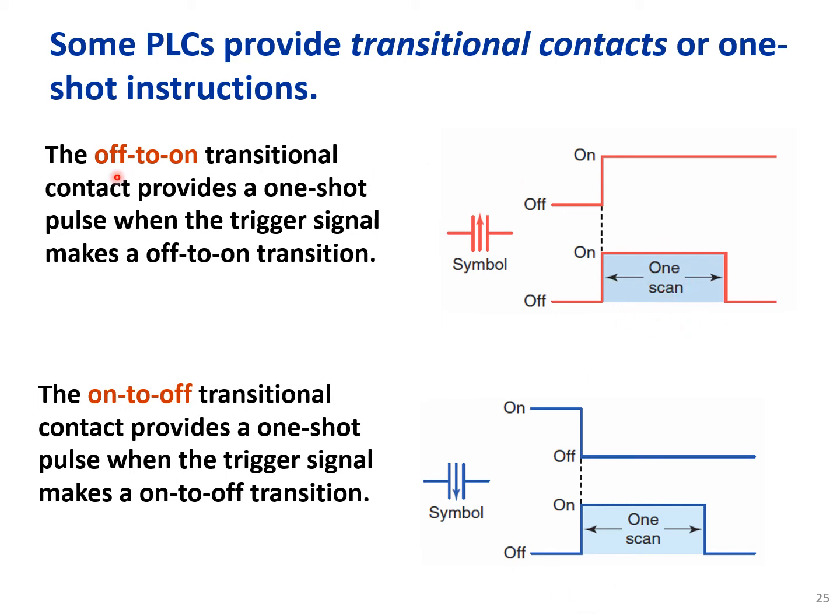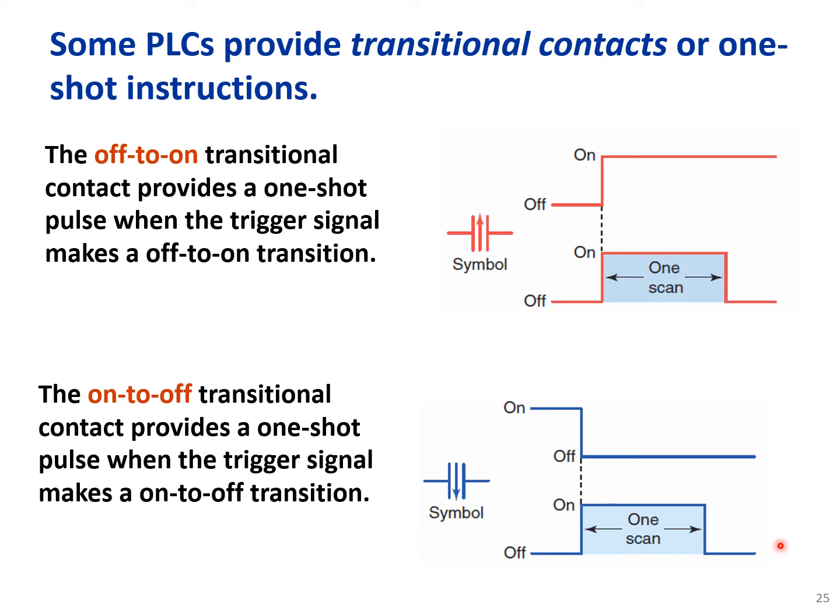You also have the opposite of off-to-on, the on-to-off transitional contacts, and they provide a one-shot pulse when the trigger signal makes an on-to-off transition. So the trigger signal here goes from on to off, but the transitional contact stays on for only one cycle.